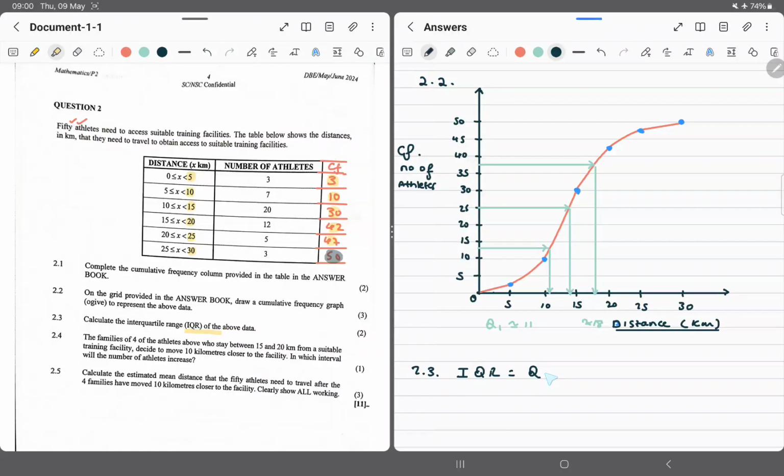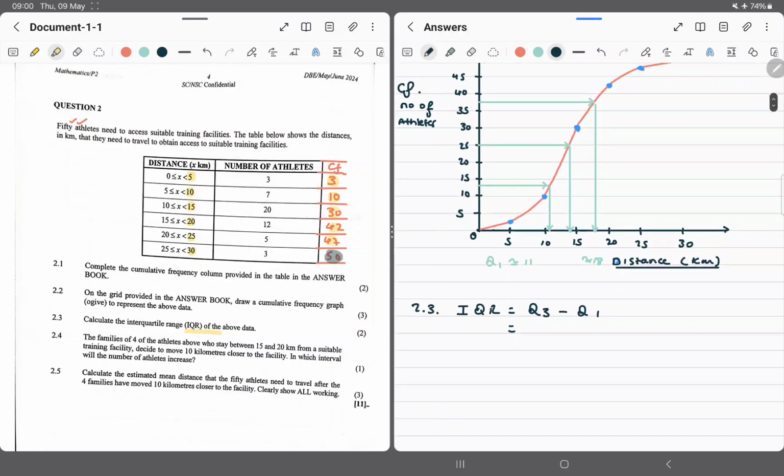So we estimated our Q3 to be 18 minus 11. Obviously here one would have a range of values. So I'm getting 18 minus 11, so that gives me 7.